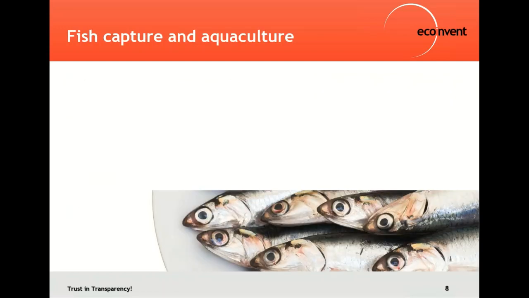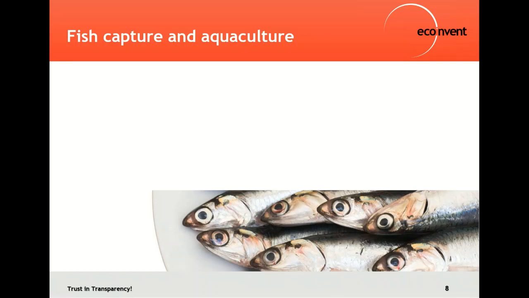It's also exciting to present this addition. So this is for the first time ecoinvent is publishing data on aquaculture and fish capture. So this is also a very exciting piece of data that we are publishing here. This data has been gathered in the framework of the Sustainable Recycling Industries project, SRI, which was funded by the SECO from the Swiss government.